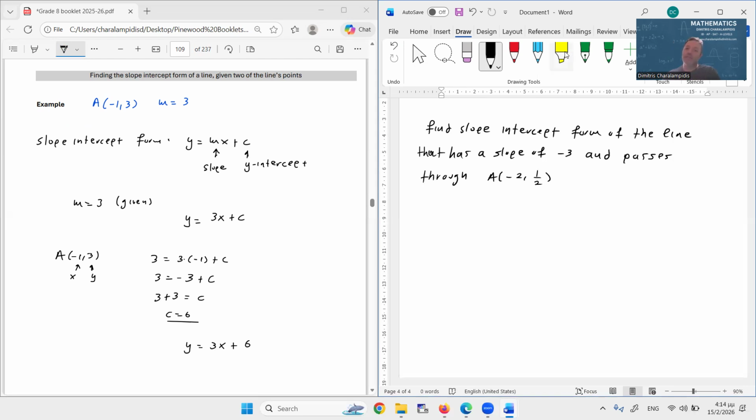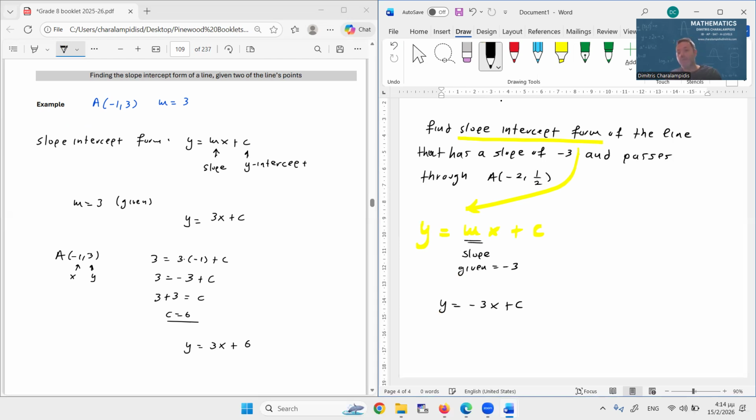Here, simply because we were told to find the slope-intercept form, we know that we are looking for such a form. Then, this is the slope, but the slope was given as negative 3. So this means that y can be written as negative 3x plus c.